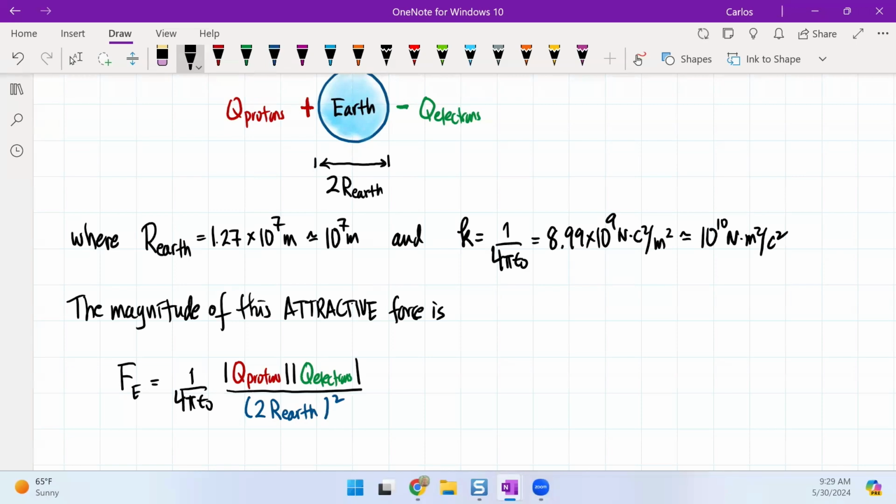So if we start to put in our numbers, it's going to look something like this. This is 10 to the 10 newton meter squared per coulomb squared.